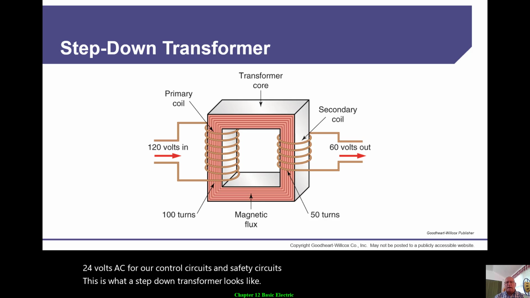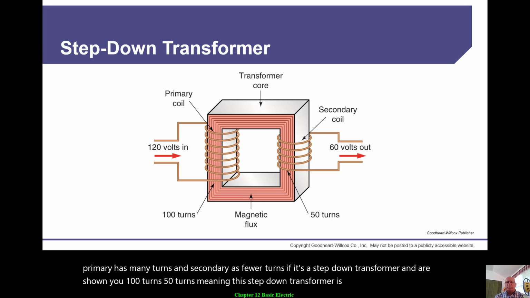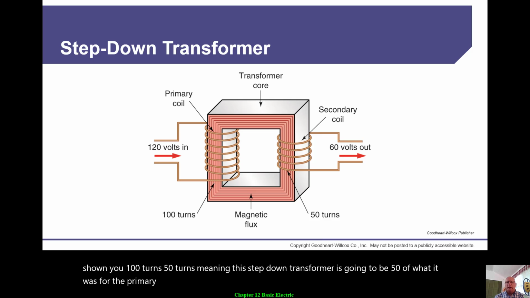The primary is the high voltage side, the secondary is the low voltage side, and you can see the primary has many turns and the secondary has fewer turns if it's a step-down transformer. And they're showing you 100 turns, 50 turns, meaning this step-down transformer is going to be 50% of what it was for the primary voltage, 120 in, 60 volts out.